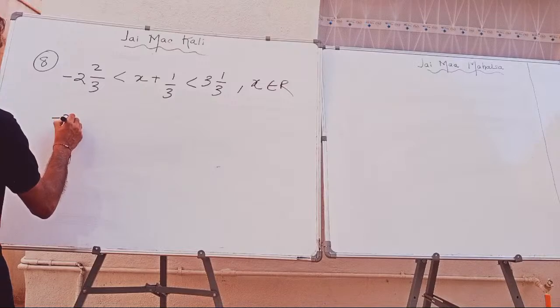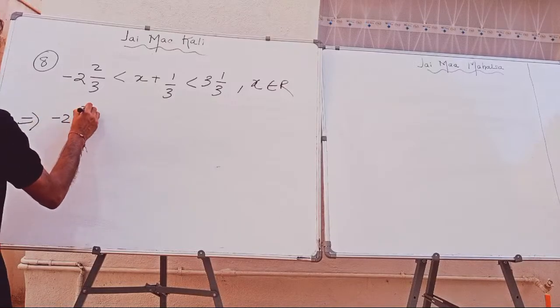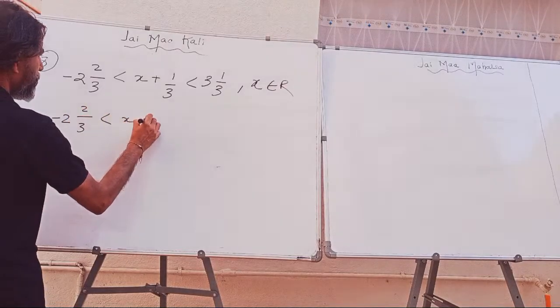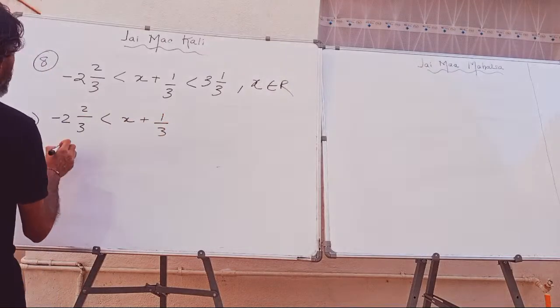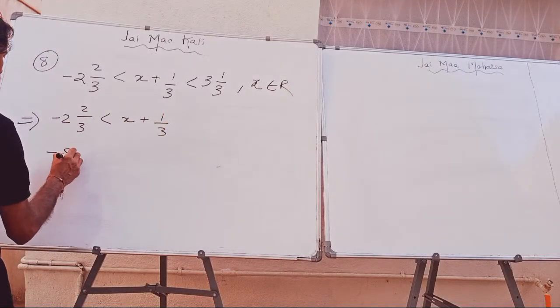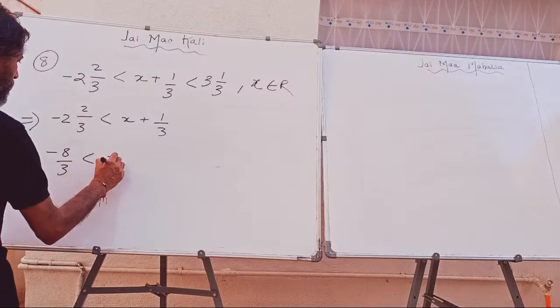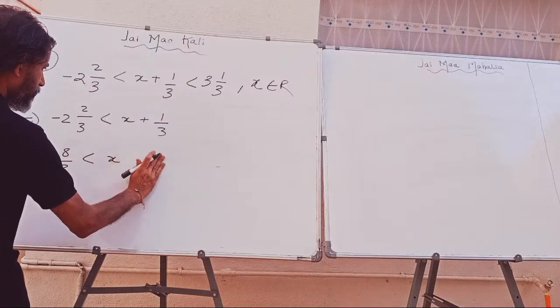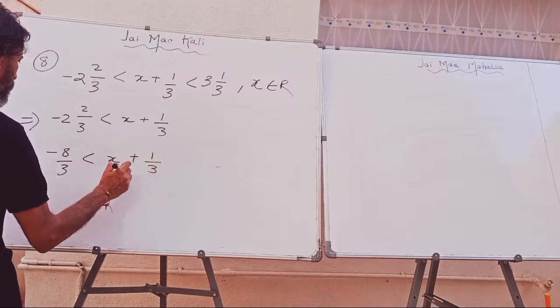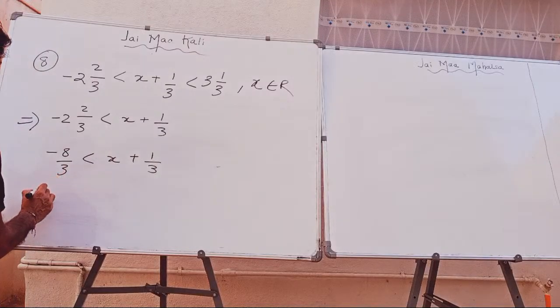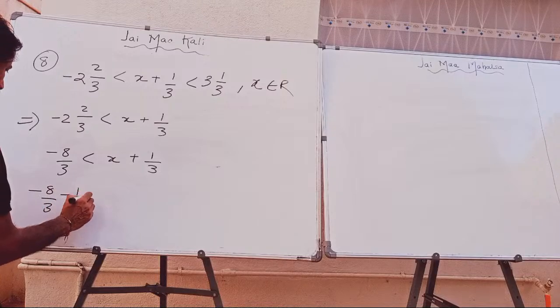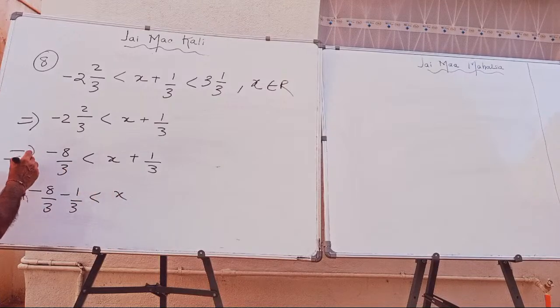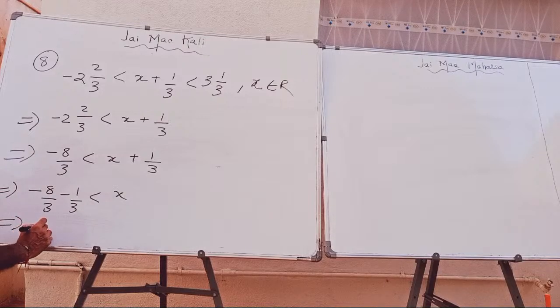So minus 2 by 3 is less than x plus 1 by 3. So this is like minus 8 by 3 is less than x plus 1 by 3. Okay, so move this here: minus 8 by 3 minus 1 by 3 is less than x. So minus 9 by 3.